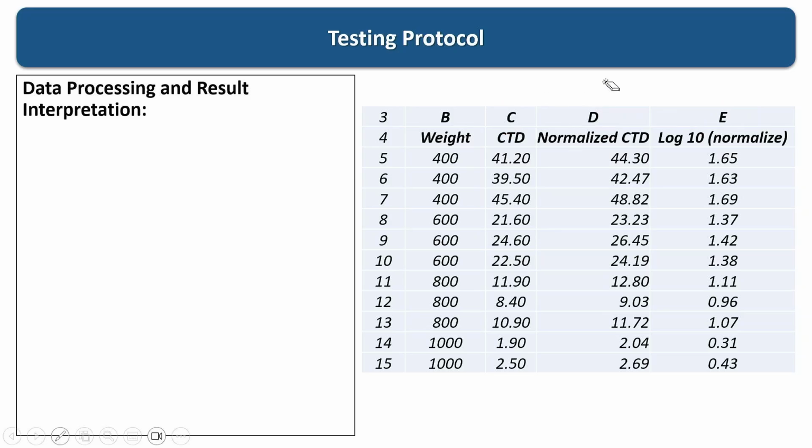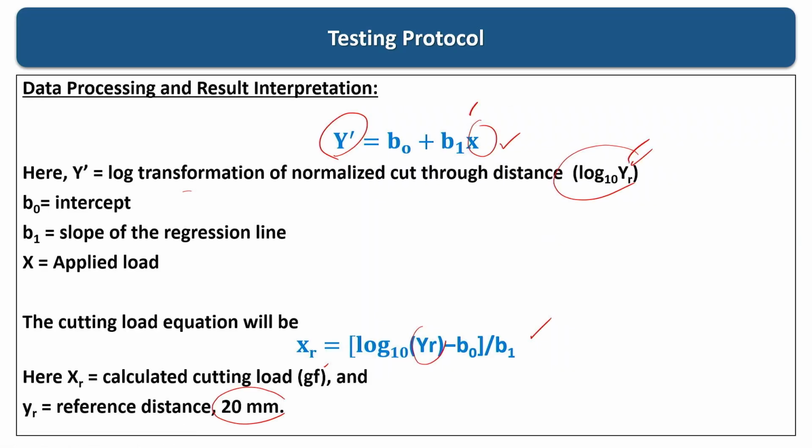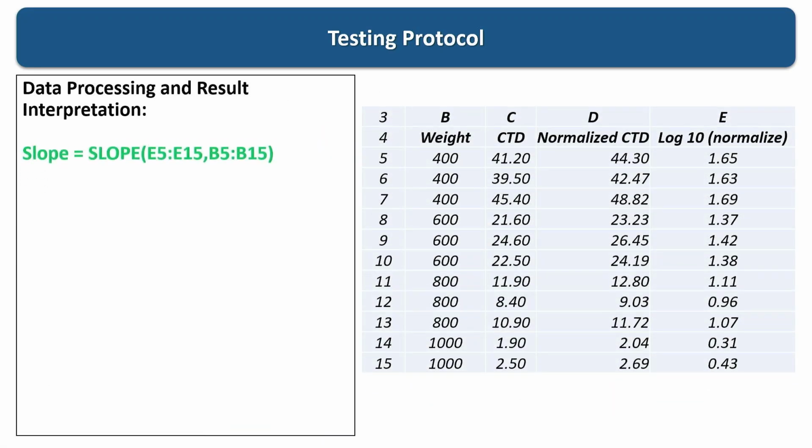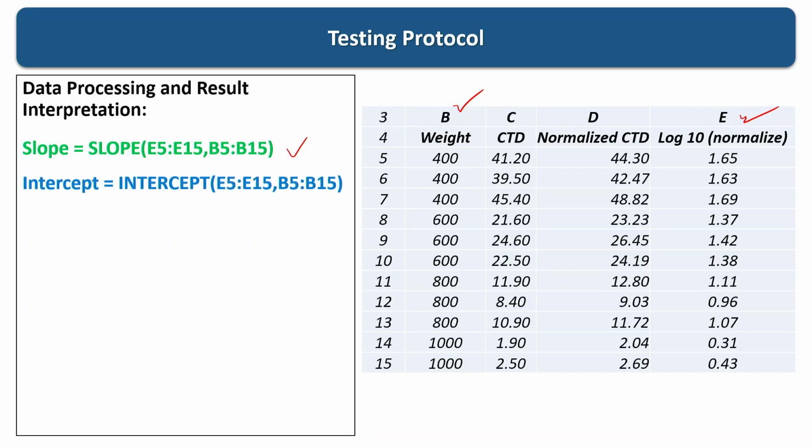Now, as we know the relationship, we will go back to the earlier one. This is the relationship. Here we can calculate the slope between the weight and the log of the normalized value. The slope of that curve is calculated here, and then the intercept between the weight and the log of normalized value.